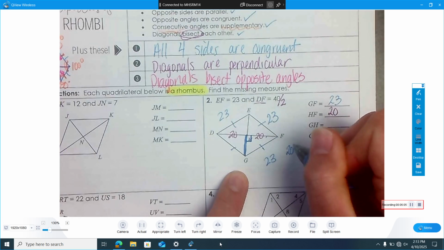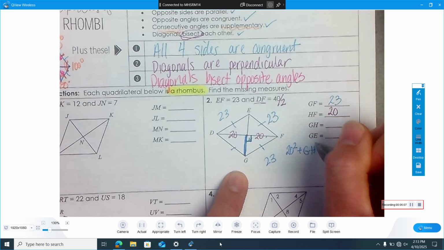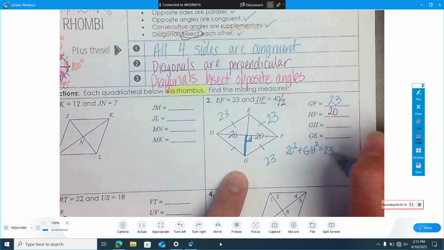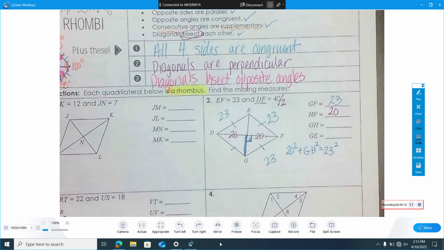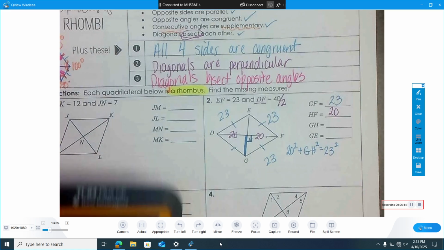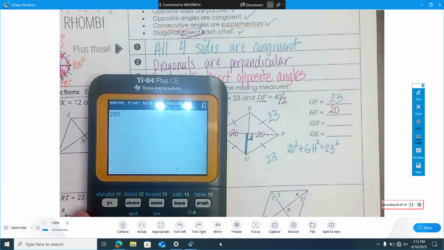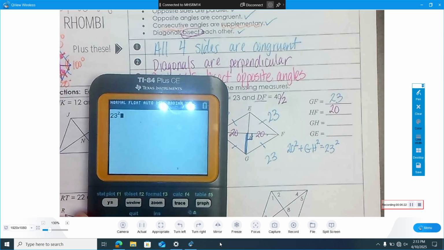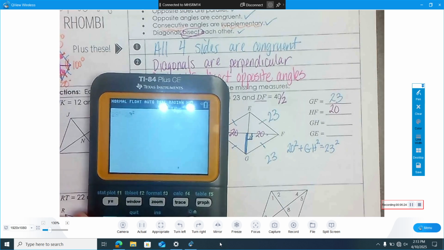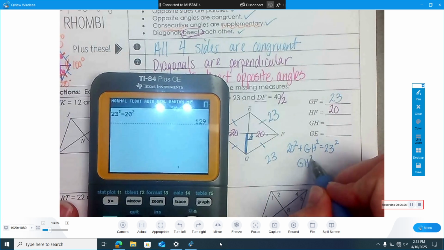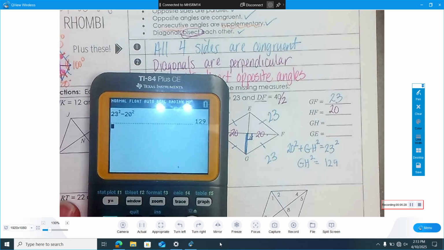So I'm going to do 20 squared plus GH squared equals 23 squared. How do we solve this? Good. We're going to subtract that 20 squared. So we're going to do 23 squared minus 20 squared. So that gives me GH squared equals 129.